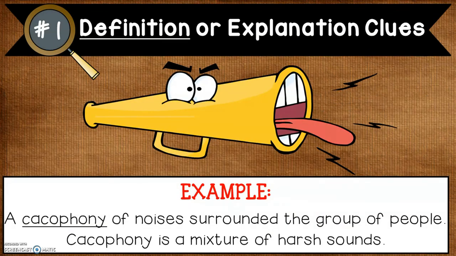In our example, it says, a cacophony of noises surrounded the group of people. Cacophony is a mixture of harsh sounds. Right after that sentence, they define it for you. And what kind of text do we see these in? Generally nonfiction, historical, technical, scientific type texts, okay?